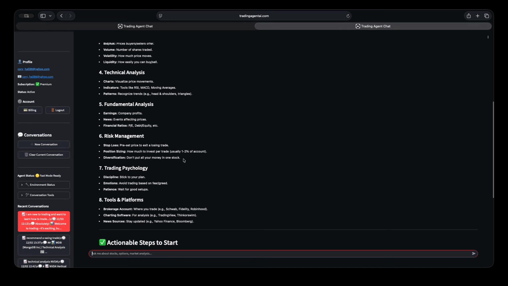So don't put $1,000 on a trade under the assumption that you're going to make $2,000 and then you lose your $1,000. If you're only comfortable with losing $100, set your risk management so that you'll only lose $100. That way you will not blow up your account.